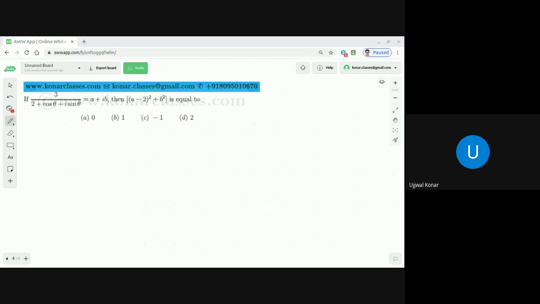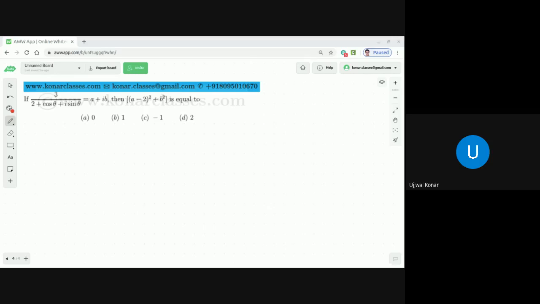What you need to do first in this question, dear students, is to express it in the form of a plus ib, so that you can express a in terms of theta and b in terms of theta, meaning with sine theta, cos theta, like that. And then you need to find the value of a minus 2 whole square plus b square. Okay. We can start solving together.